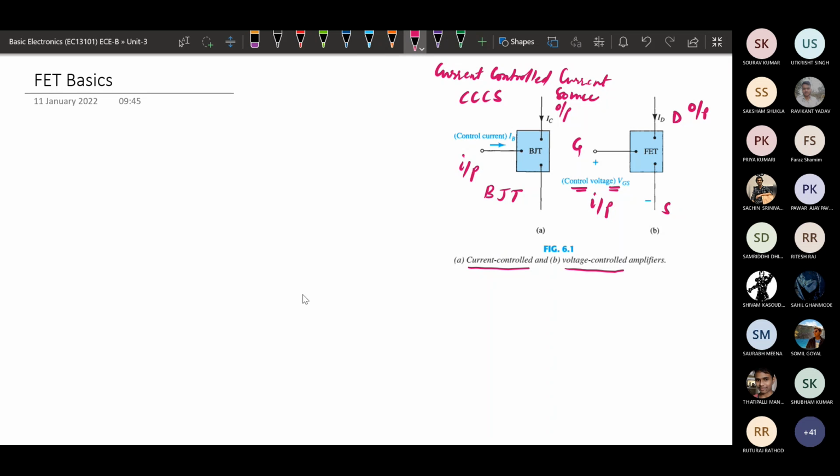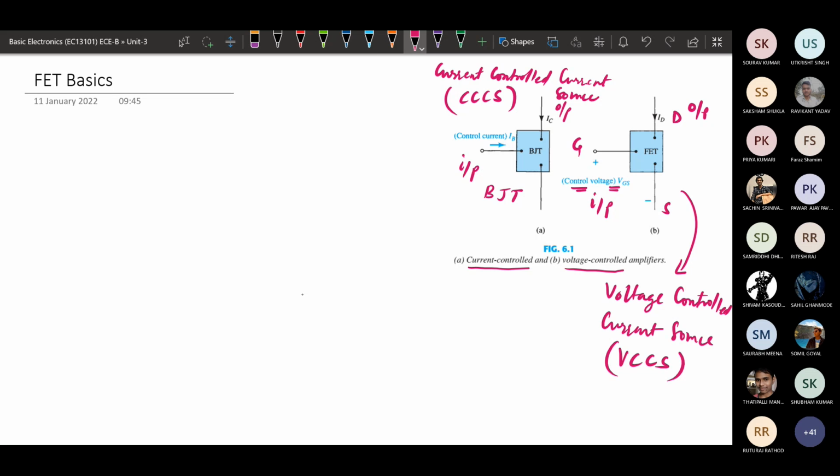So these FETs are called voltage controlled current source, whereas the BJTs were current controlled current source. In both cases we are getting the output as a current, but the controlling mechanism is different in case of BJT and in case of FETs.